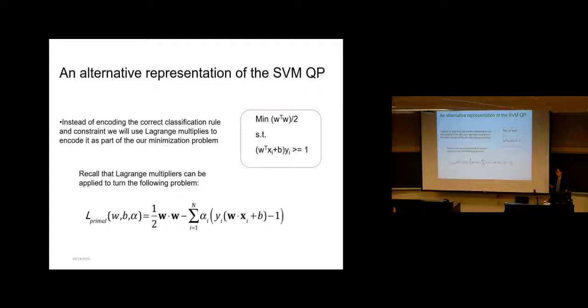However, the SVM uses something called the dual representation of that quadratic programming. Instead of encoding the classification rules directly, we're going to use something called a Lagrange multiplier to encode those correct classification constraints as part of the optimization formulation.